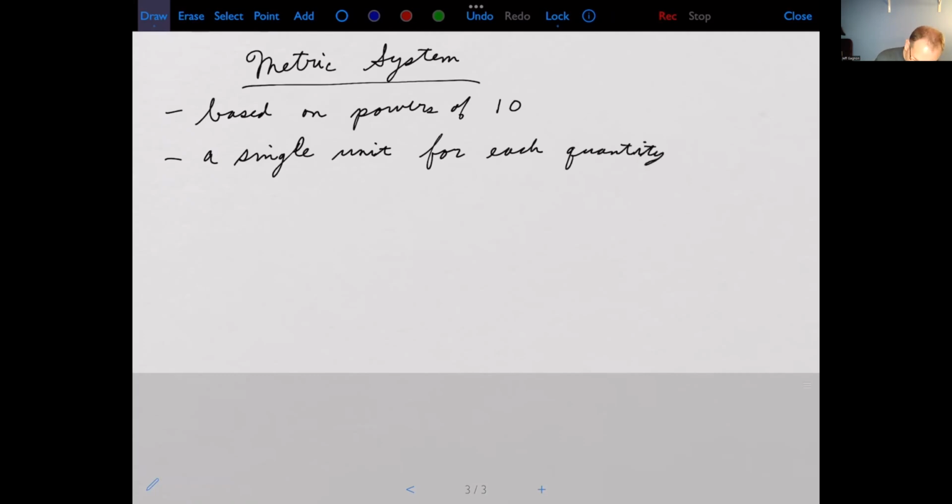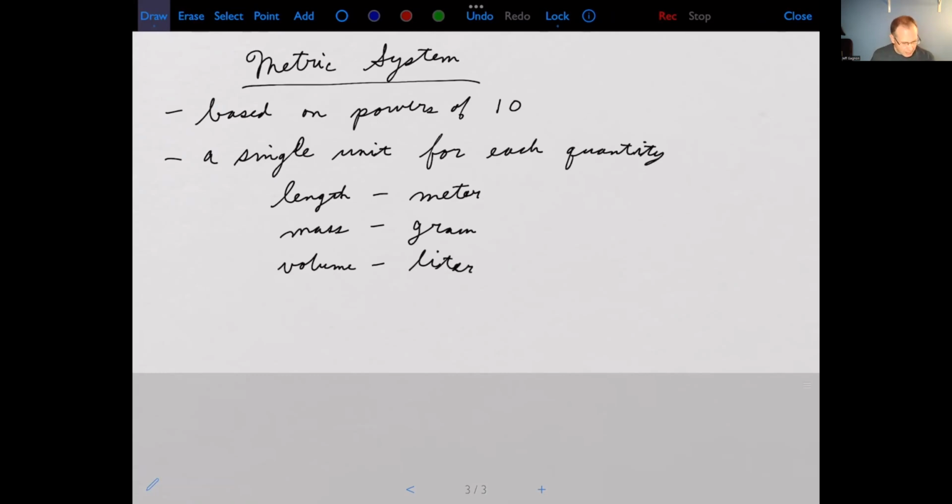And by that, I mean, let's say we're measuring length using the metric system, then the base unit is meters, right? So a meter. If we're working with mass, then it's gram. Volume, it would be liter, and so on and so forth.